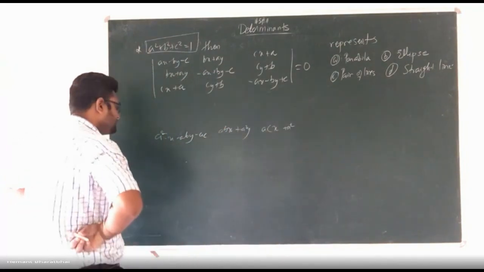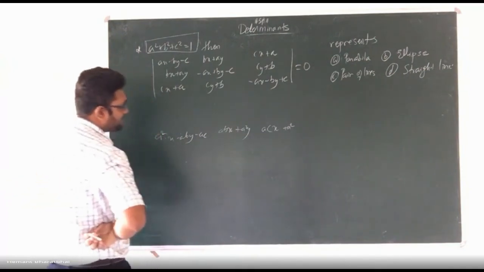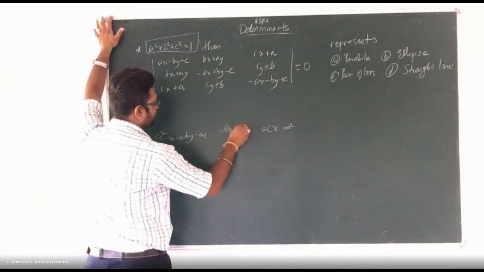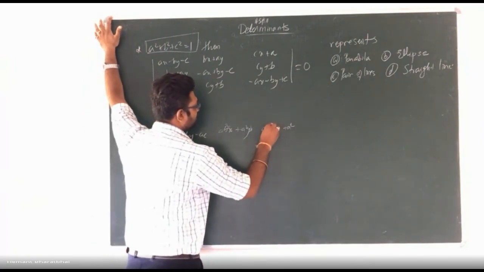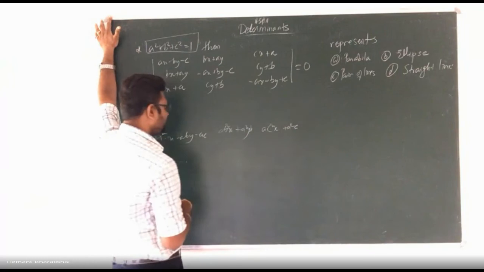And then if I multiply it with B, this will become B square, and this will become B, this will become C square, and this will become C.